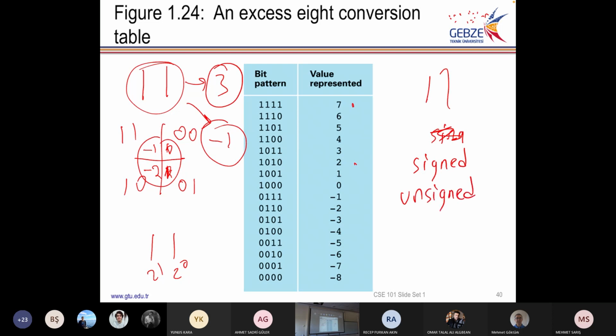Those of you who are familiar with C, you have int, and there is also unsigned int. So it is defined in the program and you treat it as a signed number or unsigned number. Nobody else knows.